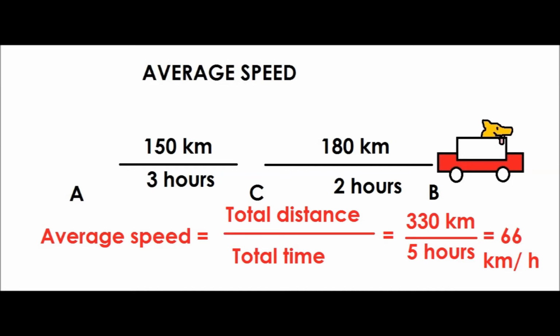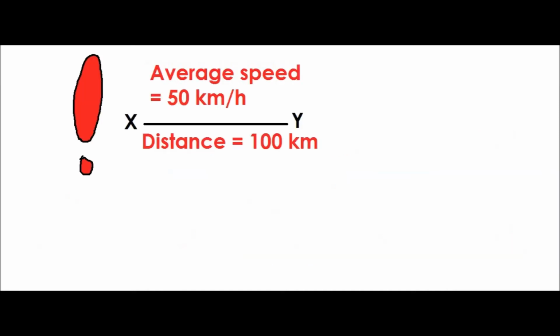That's the meaning of average speed. Please pay attention that if we have only 2 points, let's say from X to Y, and we know that the distance is 100 kilometers, for example, and we know the average speed is 50 km per hour, don't get confused with the previous average speed. We can say it as average speed because, let's face it, in real life, going from X to Y, you cannot stay with the same speed all the time.